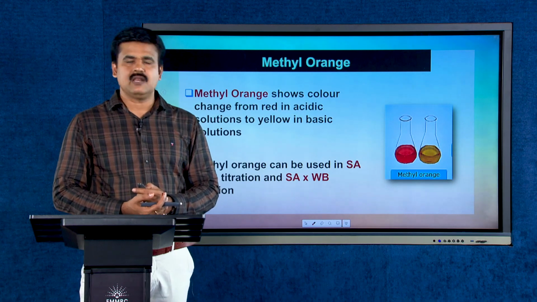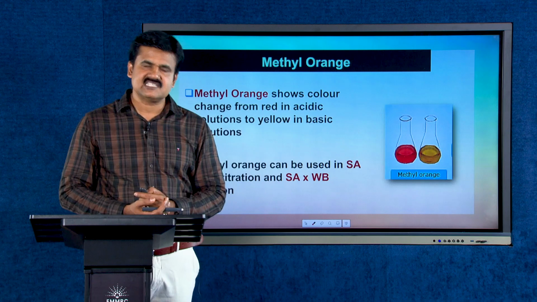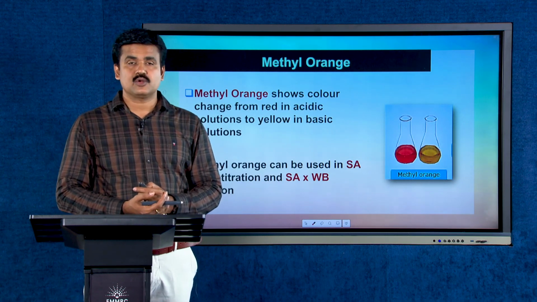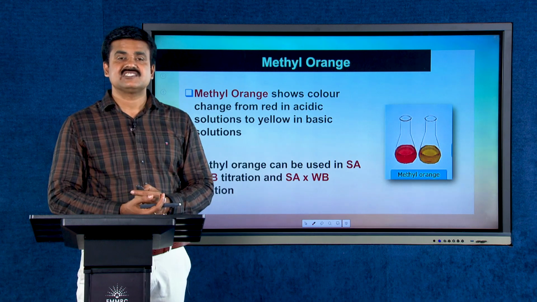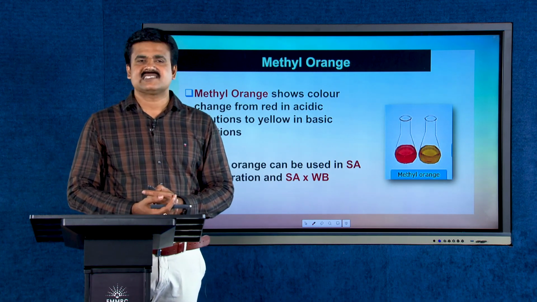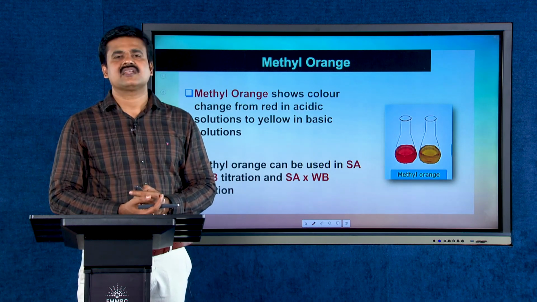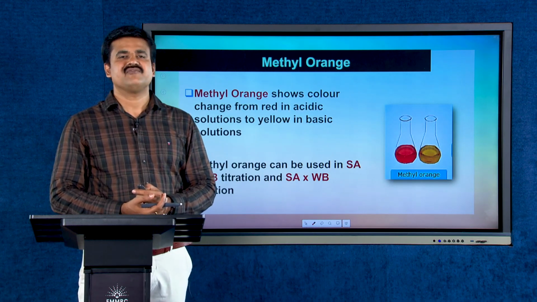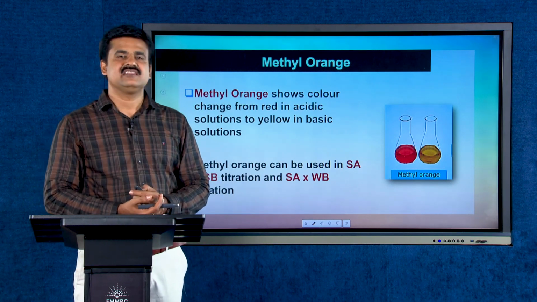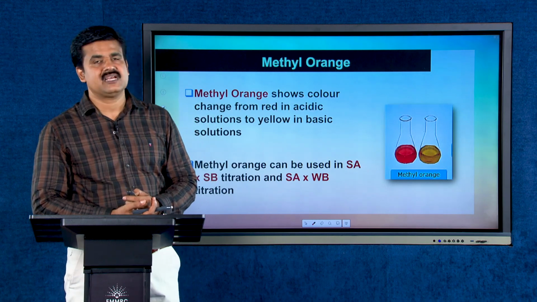So methyl orange is useful in titration between strong acid and strong base, and strong acid and weak base. Weak bases include bases like NH4OH, or ammonium hydroxide. So SA against SB and SA against WB are the two cases where we can use methyl orange as the indicator, and this selectivity is based on the pH range of methyl orange.